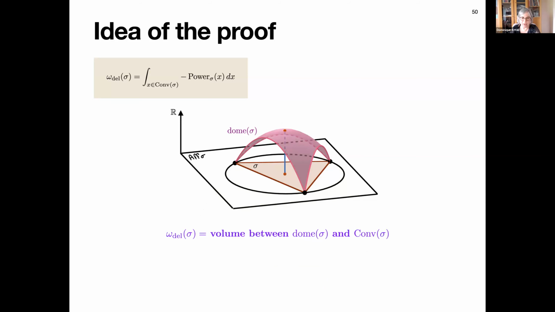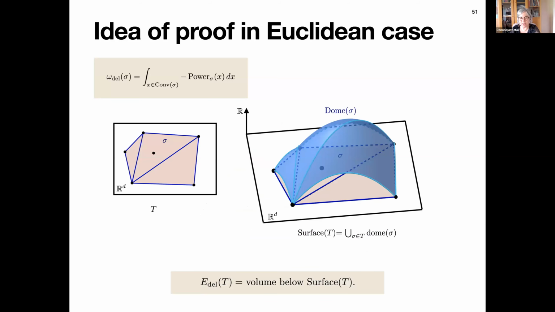So when we have a triangulation T in R^d, for each d-simplex sigma, it has a dome, the dome of sigma, and we can associate to a triangulation T a surface that is formed of this union of small domes, like this.